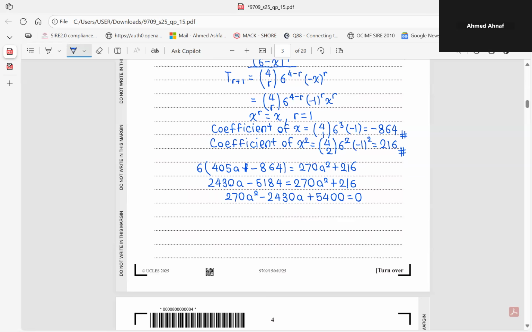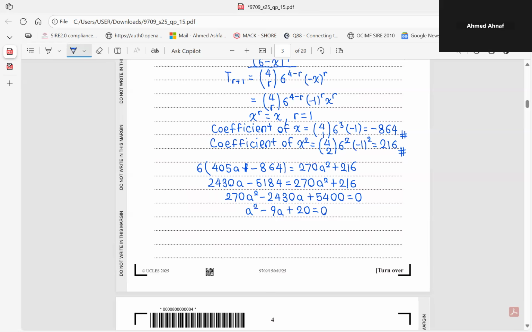Yep, 270. Okay, it all simplified out. So you'll get a squared minus 9a plus 20 equals to 0.